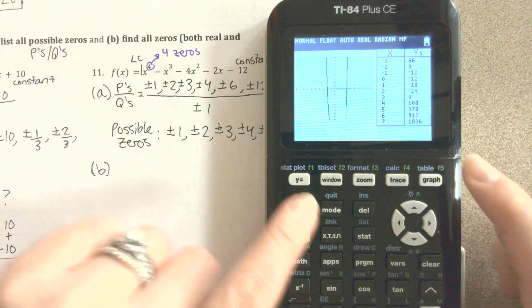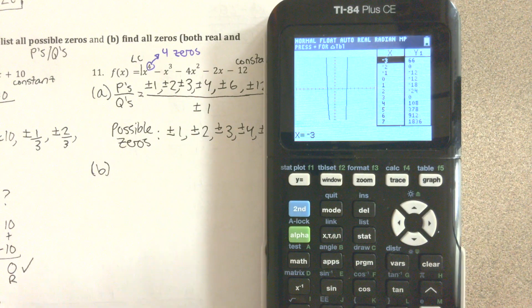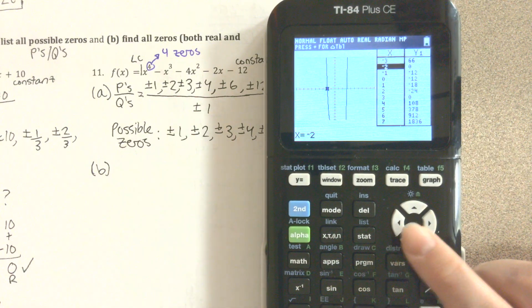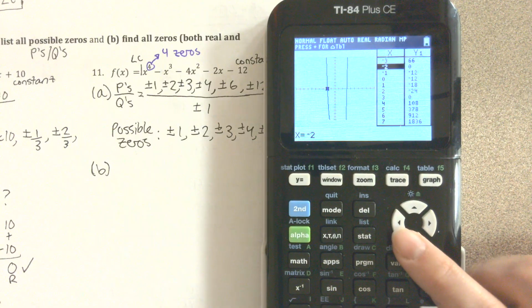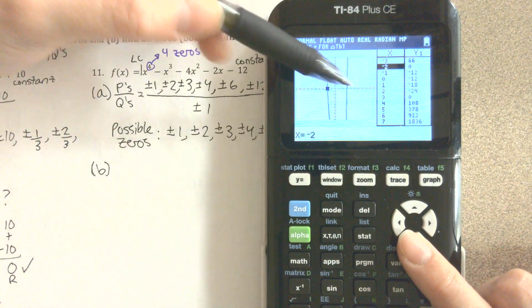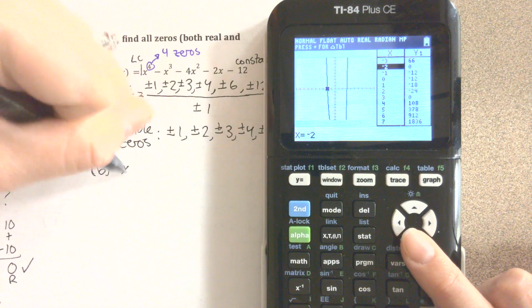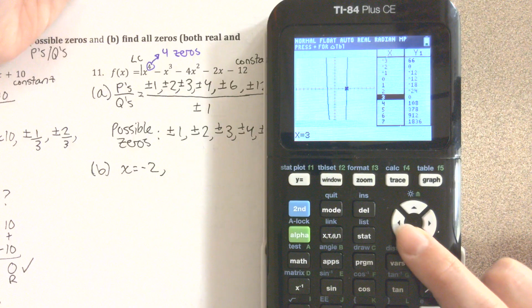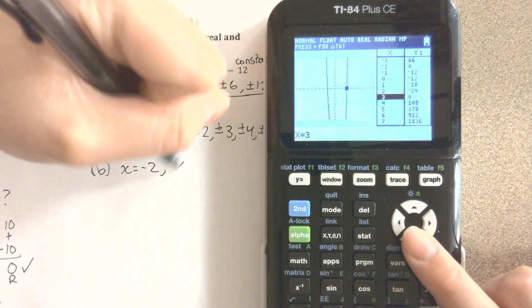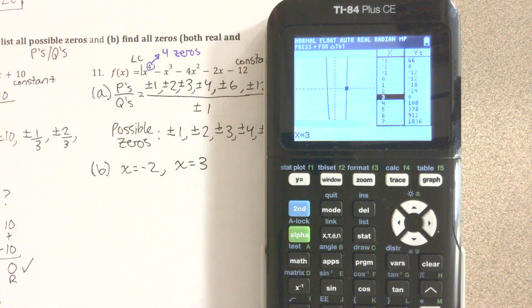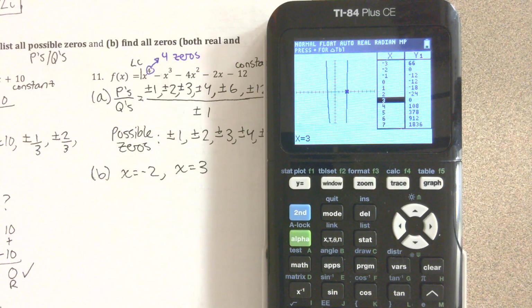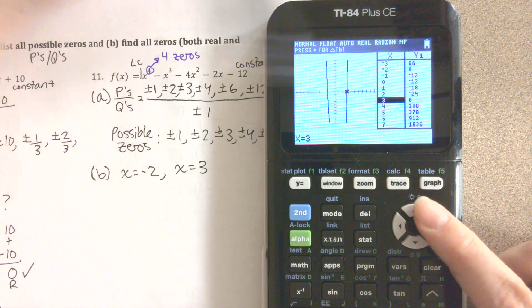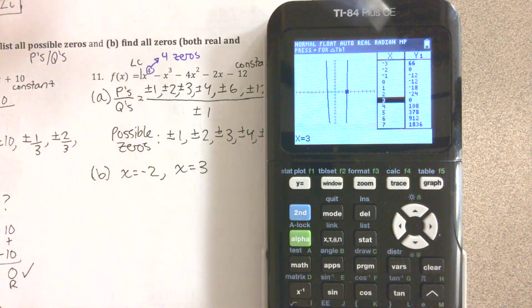All right, I don't know how well you can see the calculator from this, but let's take a look at these zeros. So we can only see 2 of them. We can see x equals negative 2 and x equals 3. I just forced the camera to focus a bit more, so hopefully this looks better. So yeah, we have 2 zeros, one at negative 2 and one at 3.